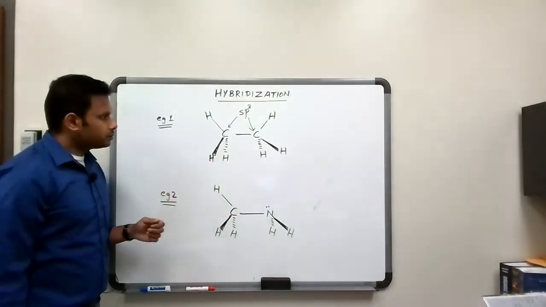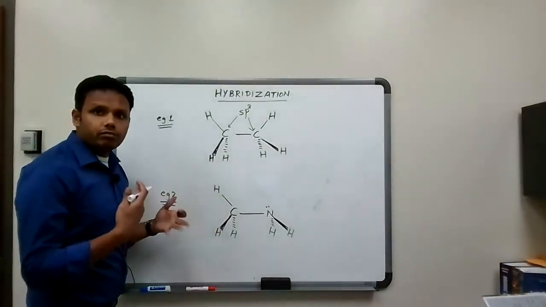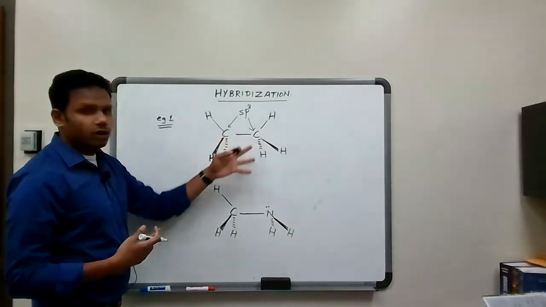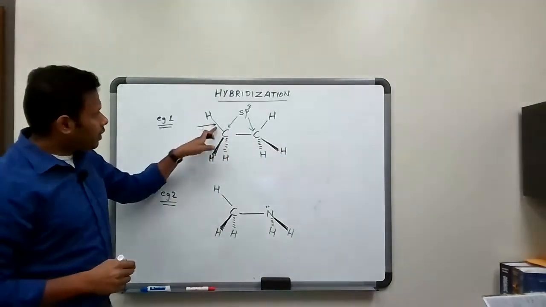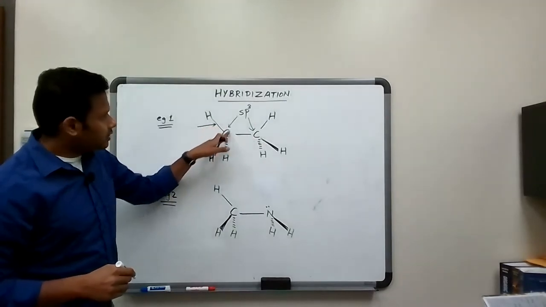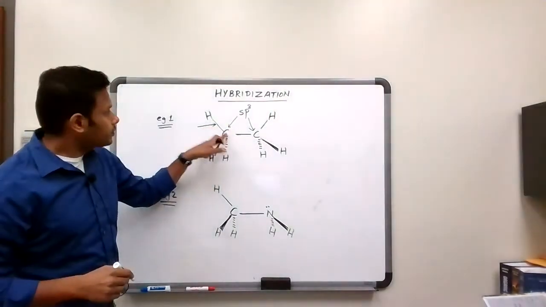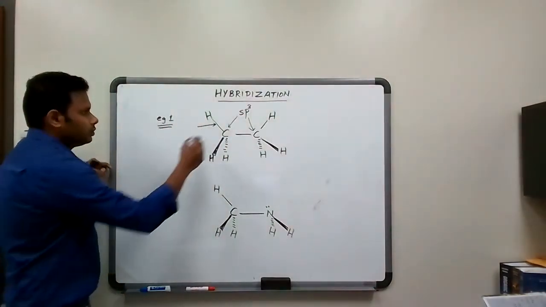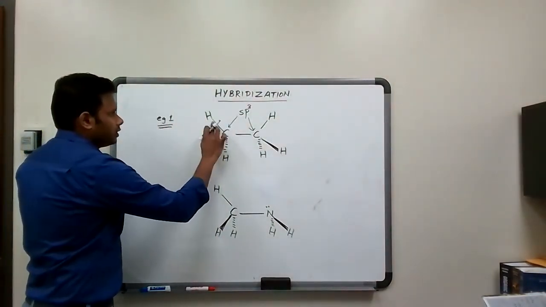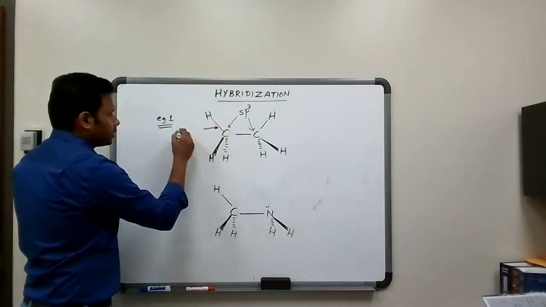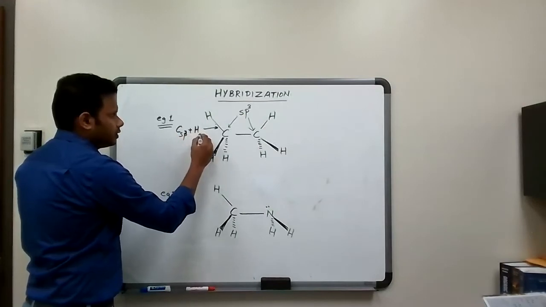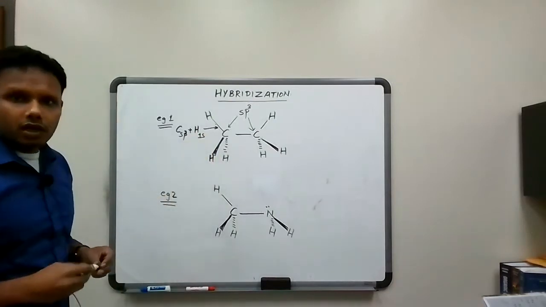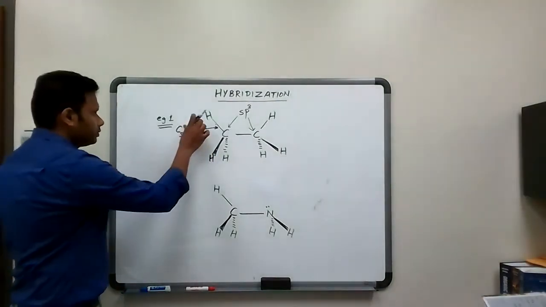And so now this can help us understand the bonding in this molecule. How is this bond formed? That's a bond between an sp3 hybridized carbon and a hydrogen atom. So this bond is formed by the overlap of a carbon sp3 with a hydrogen 1s.